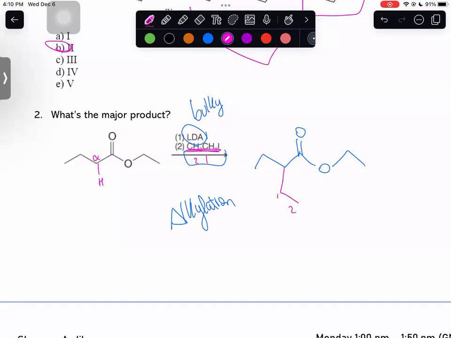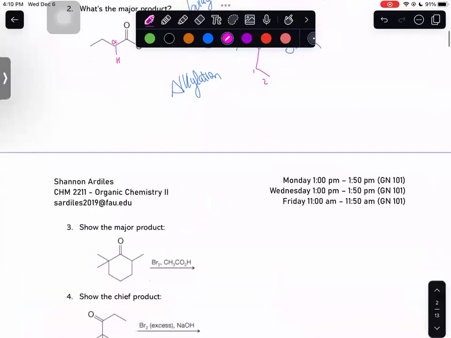What's the intermediate for this reaction? What kind of tautomer are we creating? I said it before: enolate. What would happen if I were to use an acid instead? It would be the enol tautomer.